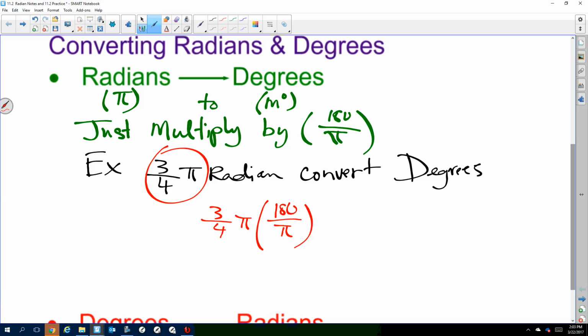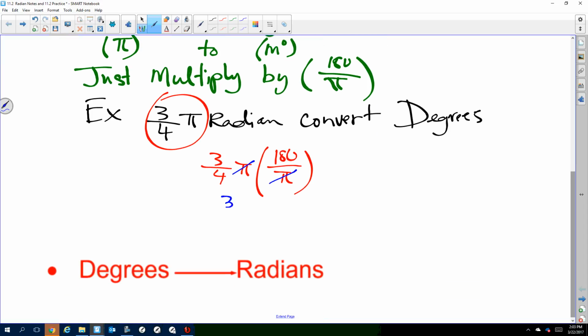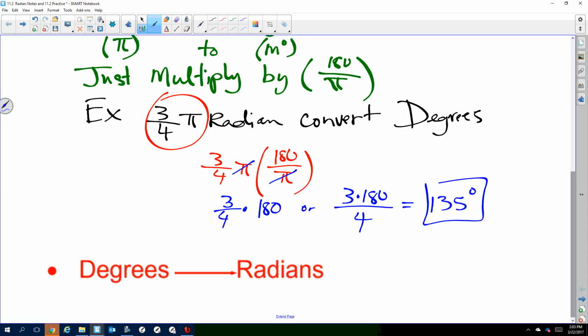The pi's cancel out, so you're left with 3/4 times 180, or you can do 3 times 180, then divide by 4. You can do it different ways. When you put that in your calculator, you get 135 degrees. So that is converting from radians to degrees: you multiply by 180 over pi.